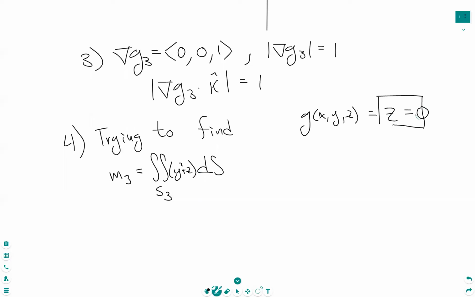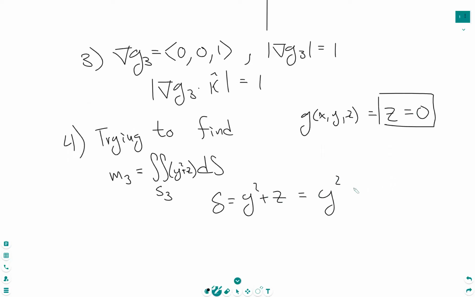So here is the relationship that we want to use. So what we do is convert our density function, which was y² plus z. This is now just y², because we just substitute in z is equal to 0.